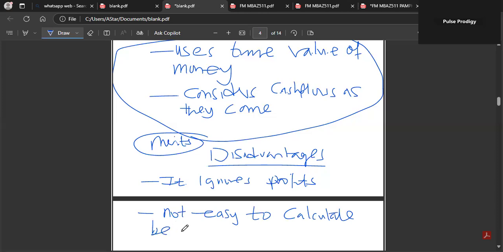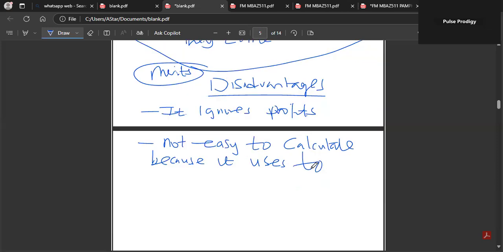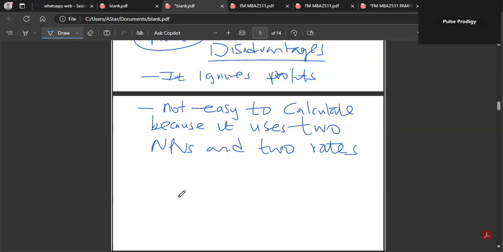because it uses two NPVs and two rates. As you can see, the formula for internal rate of return in the exam will be provided.